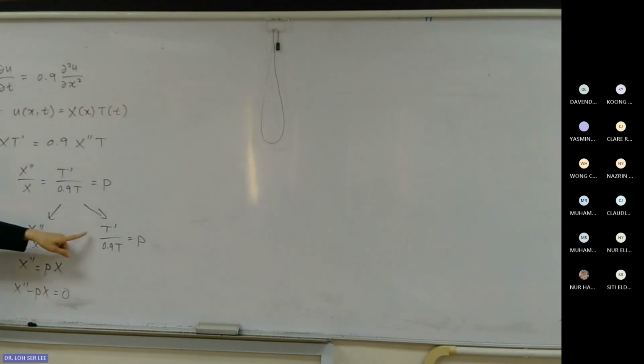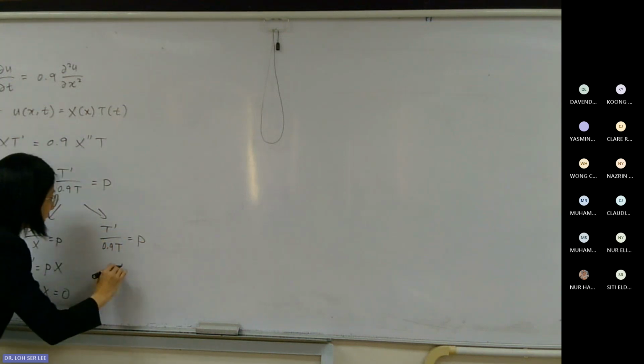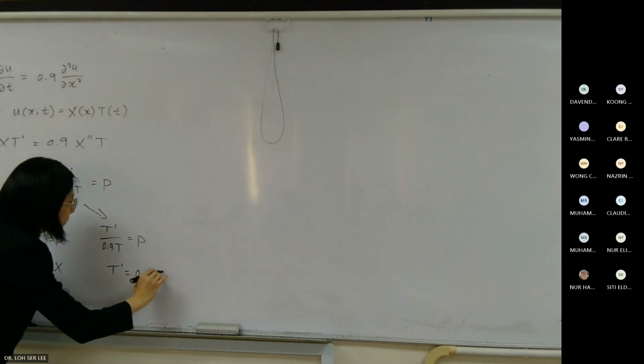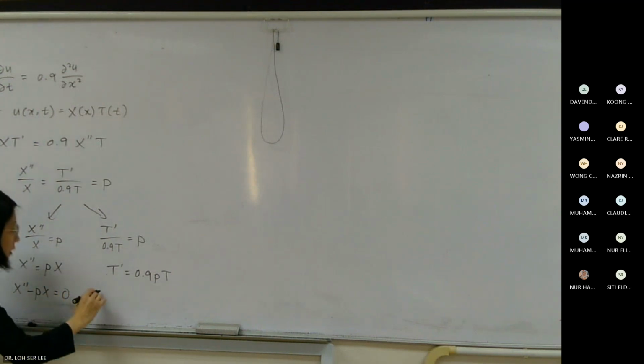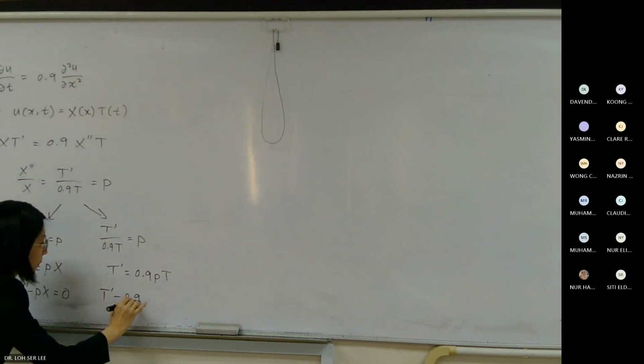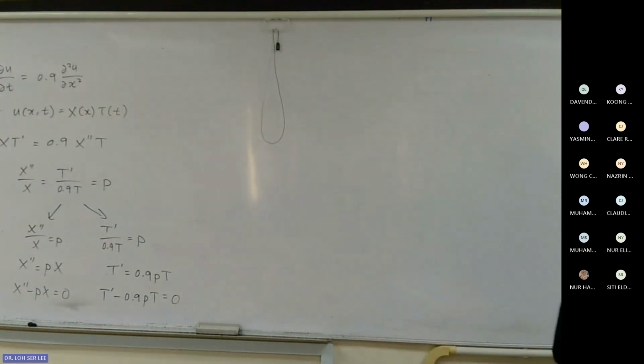Similar to this one, 0.9 T moves to the right as multiplication, then this one moves to the left.